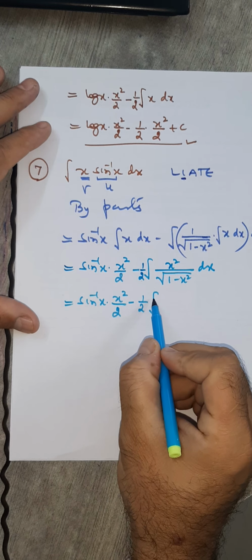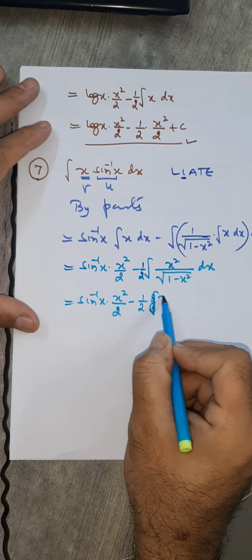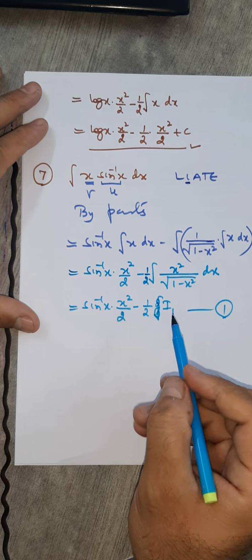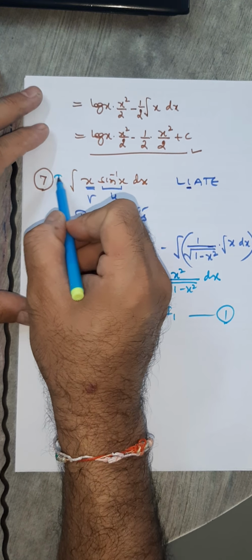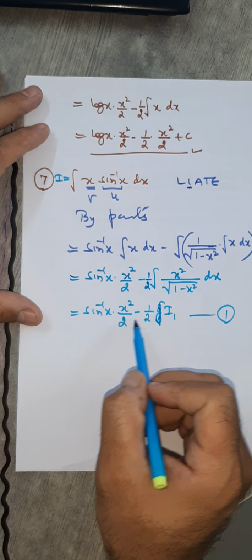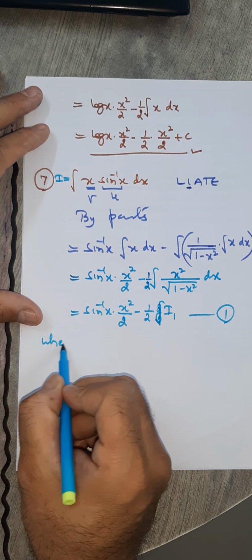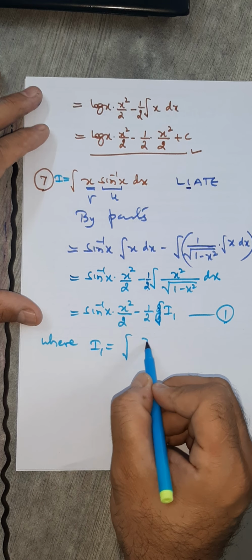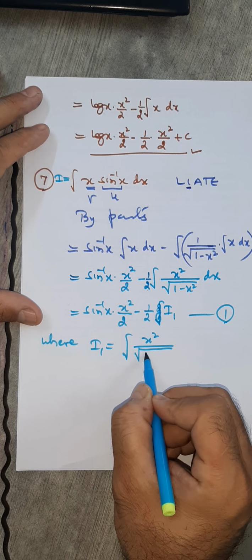Here I'll call this I1. I1 means this integral, and I'll call the whole thing I. Usually the integral at the beginning you can call I, and this is some new integral I1. So I'll find I1 separately and place it there. So I1 is x square upon root of 1 minus x square.